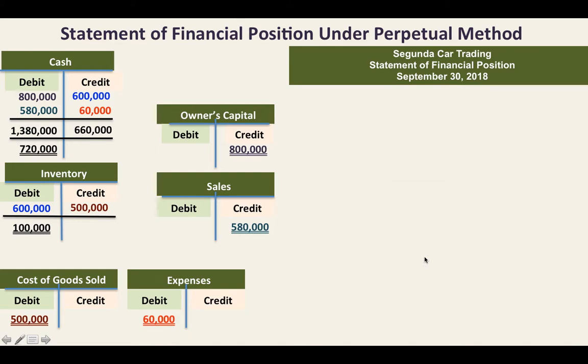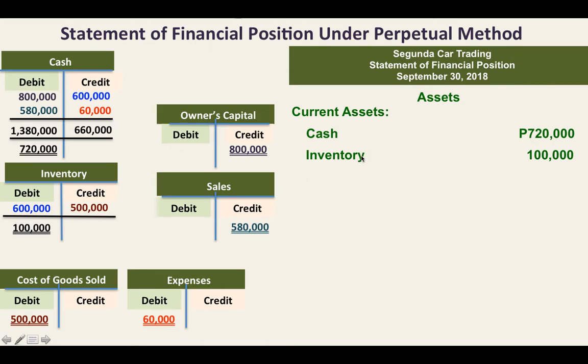Let's have our heading, and our assets. Let's have our current assets. The first current asset is cash, which is 720,000, and we have an inventory of 100,000, meaning this is still the merchandise that we are going to sell. By the way, inventory is a current asset, even though it is a car.